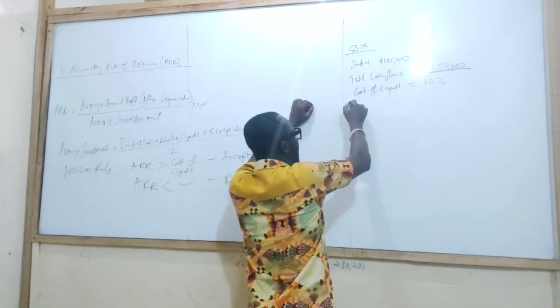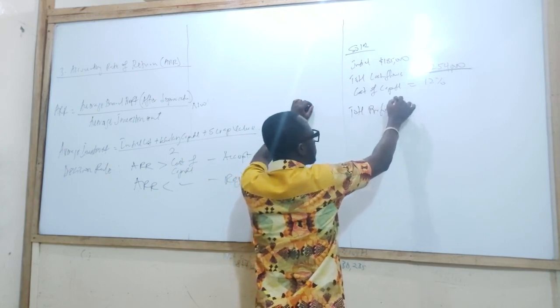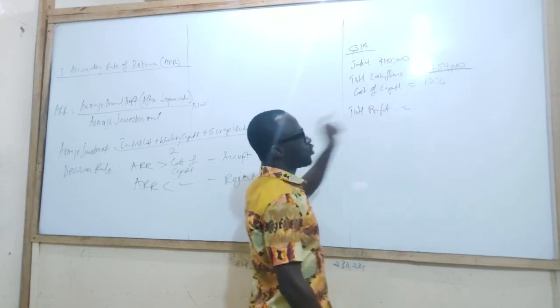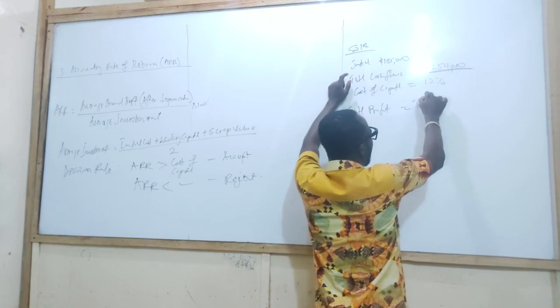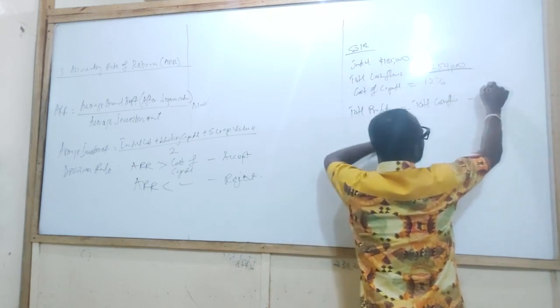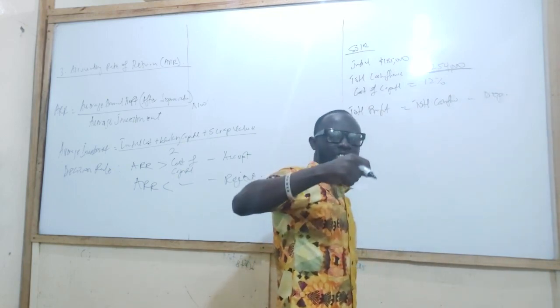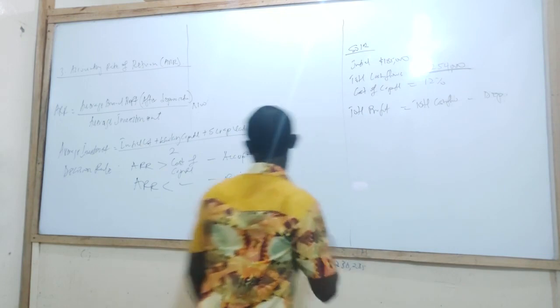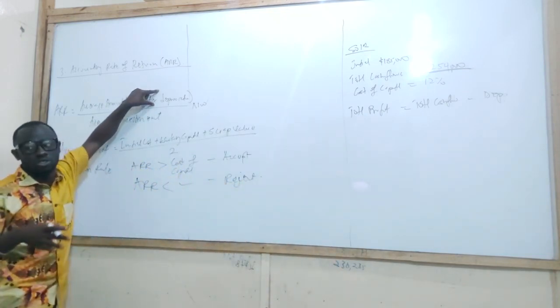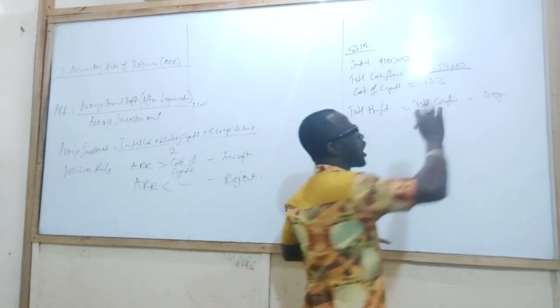To calculate my average annual profit, I need my total profit. So what is total profit? Total profit is total cash flow minus depreciation. Now, in this question, what did they say? Net cash flow, isn't it? Meaning they've already dealt with issues about depreciation. So we won't talk about it here.